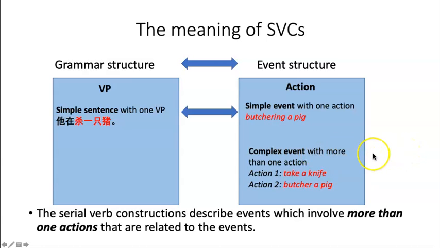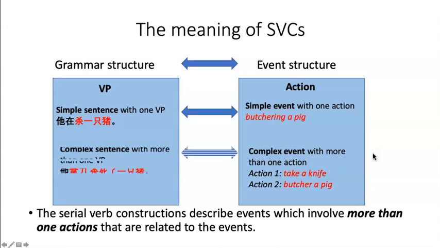For a complex event, grammar may also be able to capture that, which is in a complex sentence with more than one verb phrase. 他拿刀杀死了一只猪. So in this case, 拿刀 is an action, 杀死了一只猪 is another action.